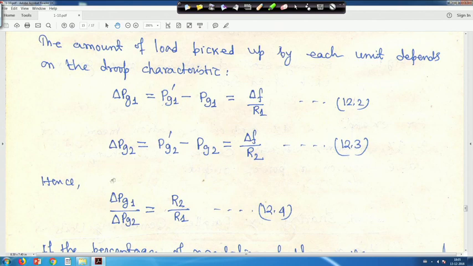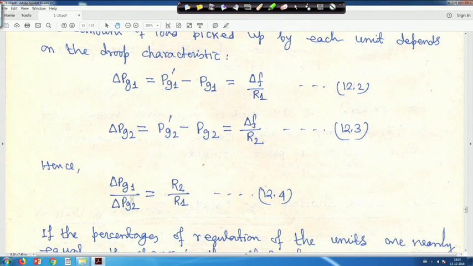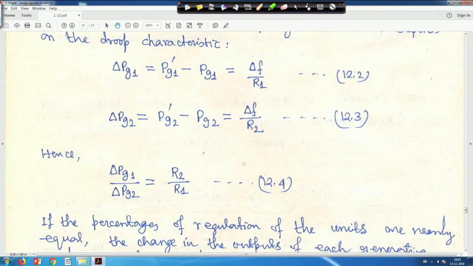Now, if you divide equation 2 by 3, you will get delta Pg1 upon delta Pg2 is equal to R2 by R1. According to this ratio the power will be shared by the two generating units, but if R1 is equal to R2, if their droop characteristics are the same, then delta Pg1 will be equal to delta Pg2.